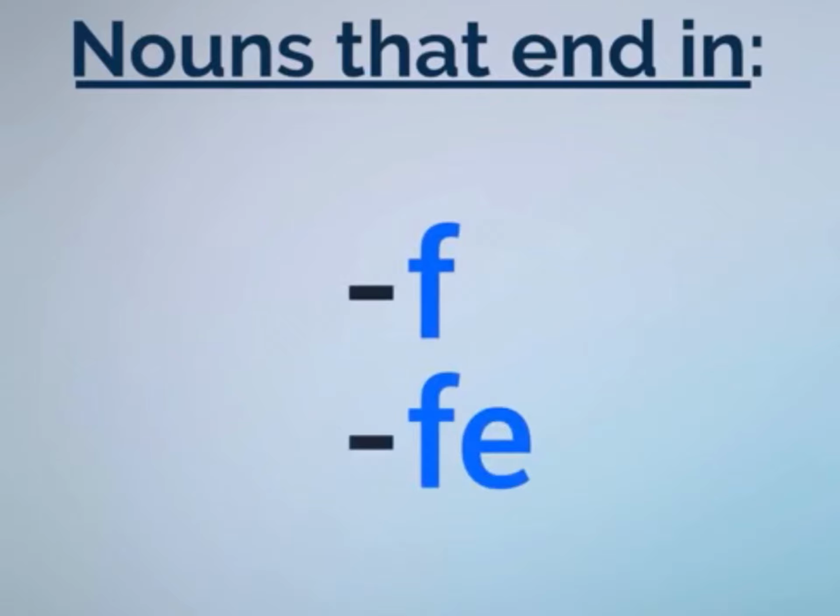So we added a VES. We have wife for singular, we have wives for plural. We have shelf, singular, and we have shelves for plural. Okay, so that is it for today's lesson.